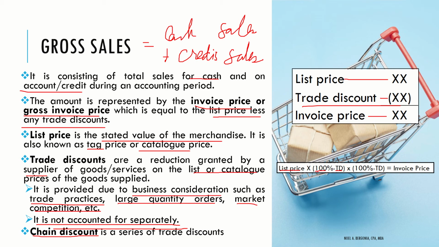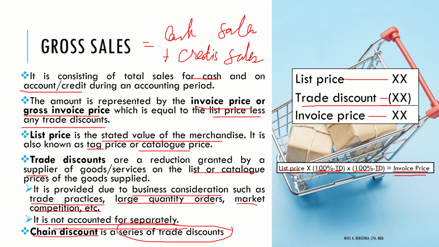So as you can see here, 100% minus the first trade discount, and then times ulit 100% minus the second trade discount, and then until such time na naubos mo na yung series of trade discounts as multiplier, then that would be your invoice price. Okay? So I hope that it is clear. Applicable din naman tong formula na to kahit iisa lang po yung trade discount.